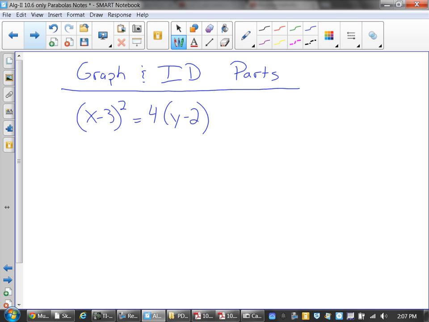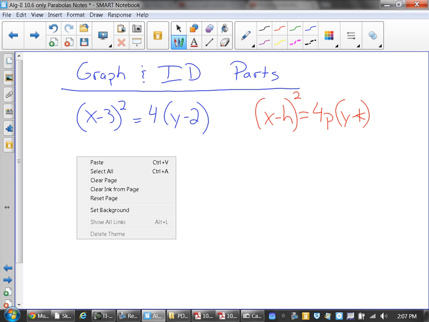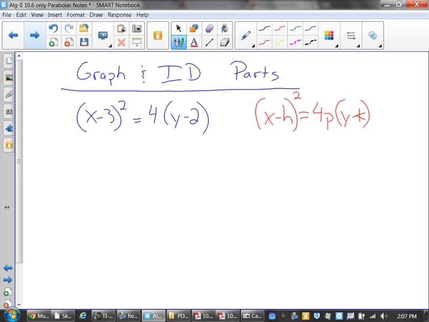So what I'm going to do is write out the generic formula. I know I'm going to work with that generic formula. From that, I can also figure out where my vertex is. What's my h and k here? It's 3 and 2. Okay? So h and k, that is my vertex.